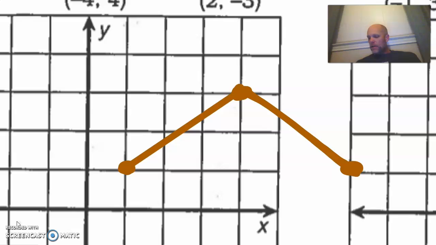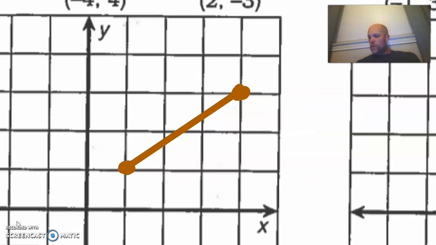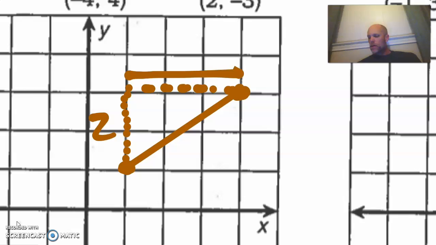I'm going to take that other side of that roof away because we don't need that. So we're going to take this line and we're going to talk about the rise, how much it rises up, and how much it runs over. So we're basically just turning that thing into a triangle. So how far did it go up? From here to there. How far did it go up? It went up 2. Alright, and how far did it go over? From here to there. It went over 3.